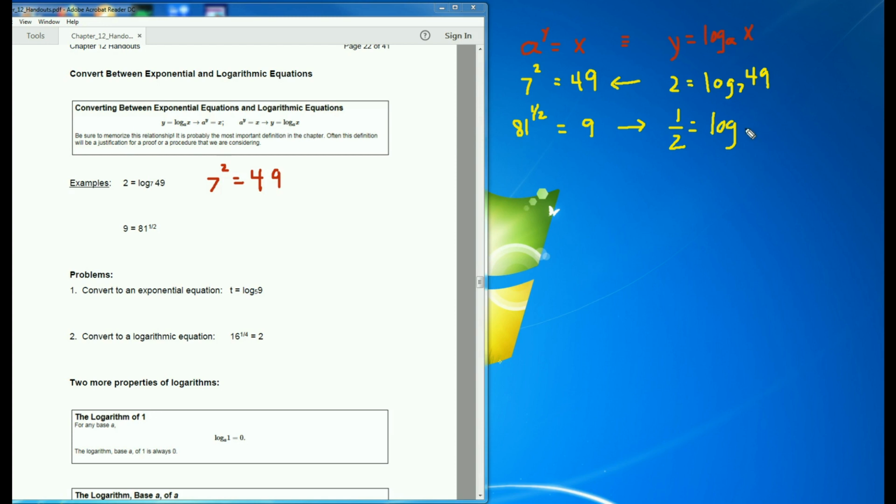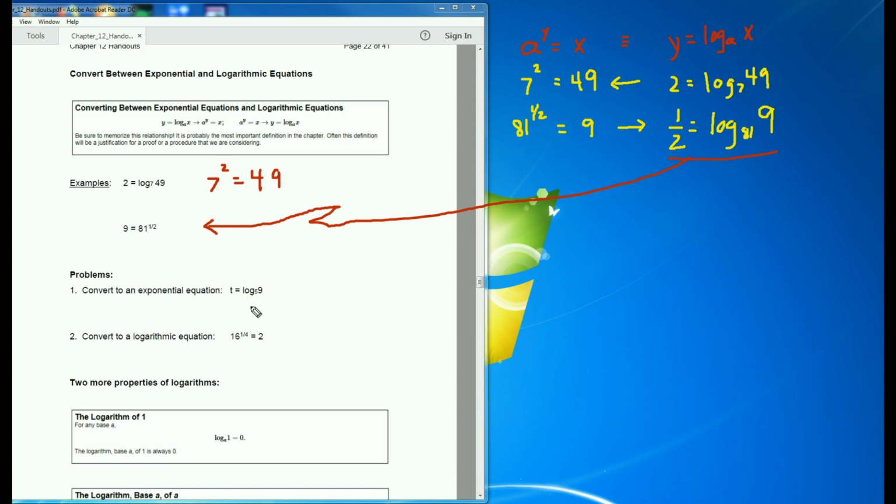So it's log base 81 of x is 9. All right? So this right here is your equivalent logarithmic equation.